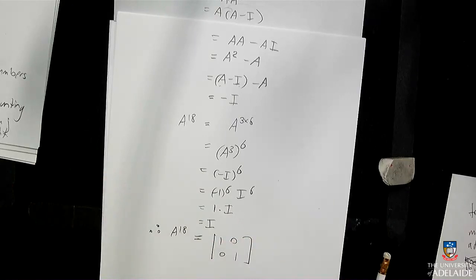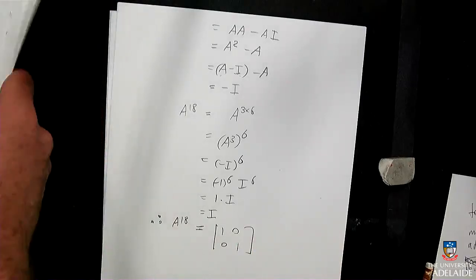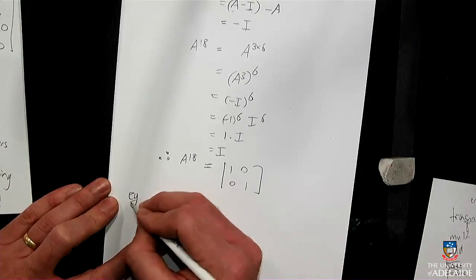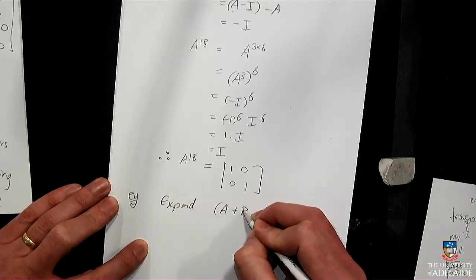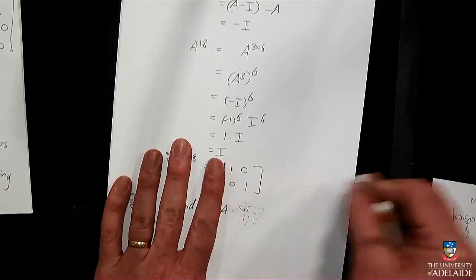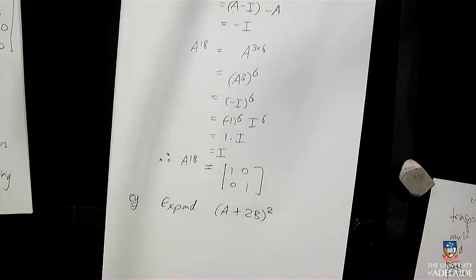Okay. So let me just do one more example of just using matrix algebra, just to point out something useful. Expand A plus 2B squared.